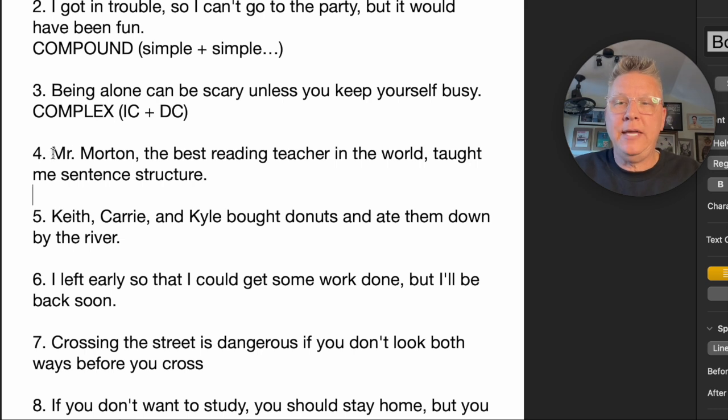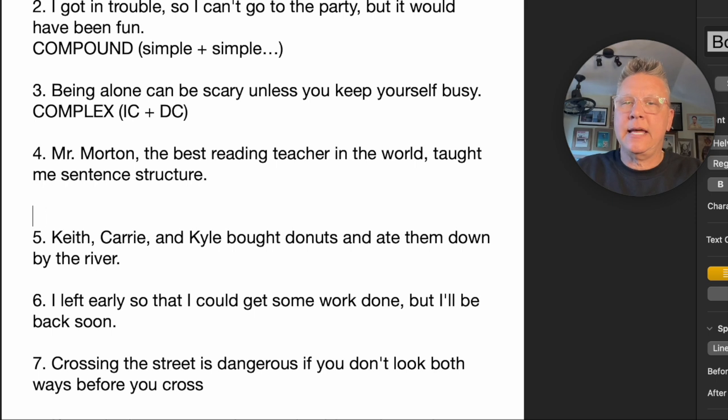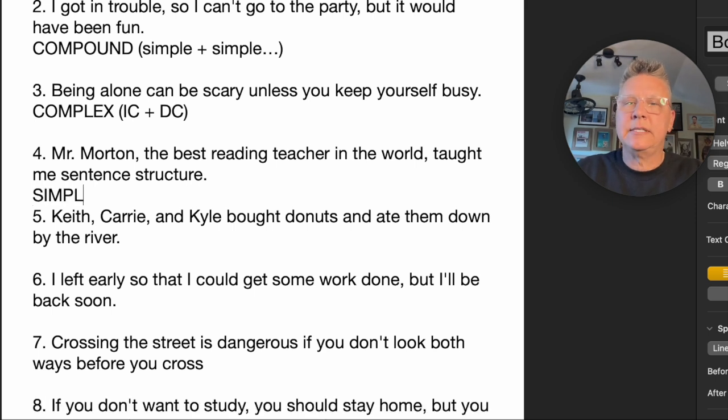So you really only have a subject and an appositive for the subject, which is another name for Mr. Morton, a description. No subject verb here, right? There's no other verb. And then you have the one verb taught. So in that case, this is a simple sentence. Okay? So it's a subject plus an appositive, right?